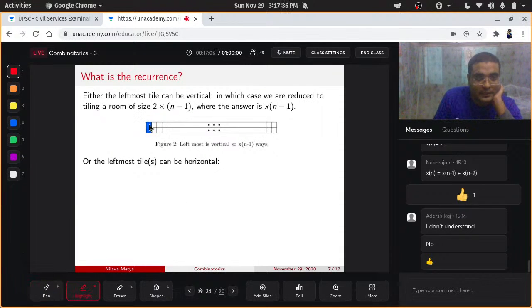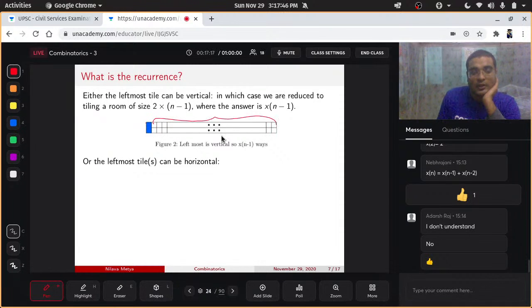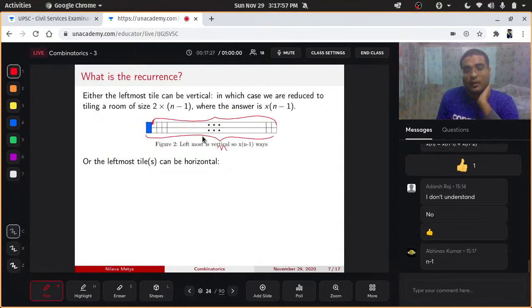So this is covered. How much is remaining? From here to the end, what is the length remaining? So this total is n, right? Total is n. Length remaining is n minus 1.